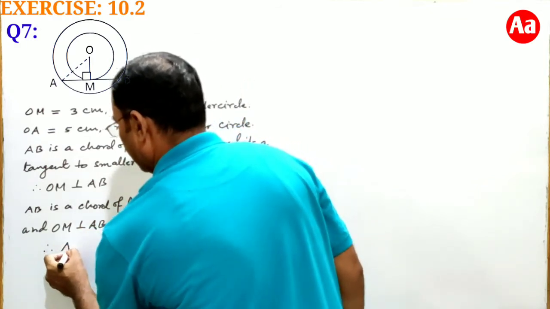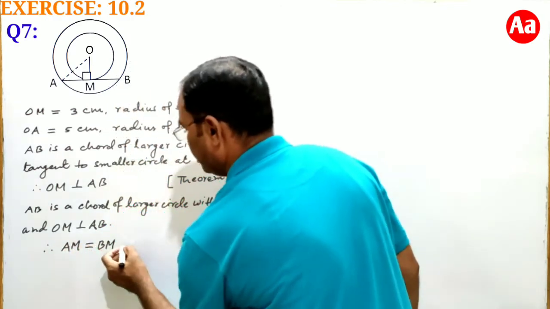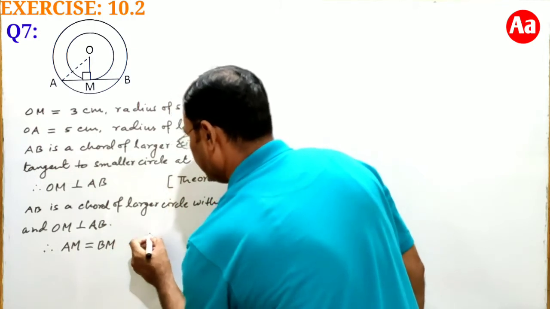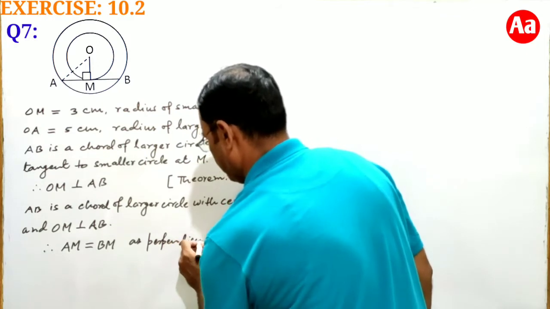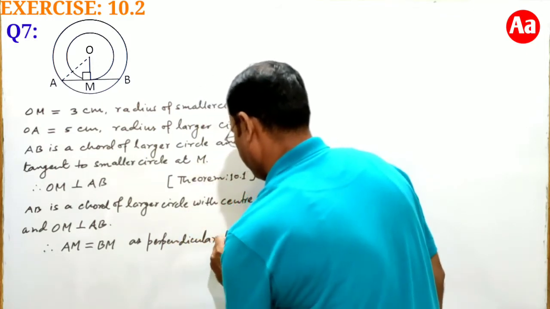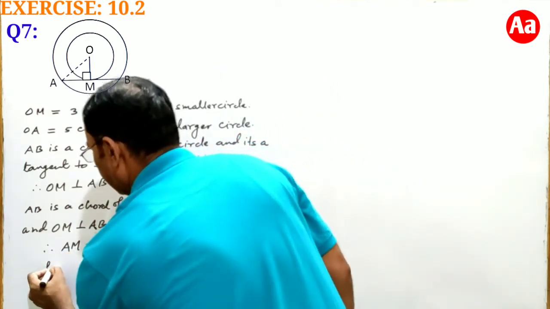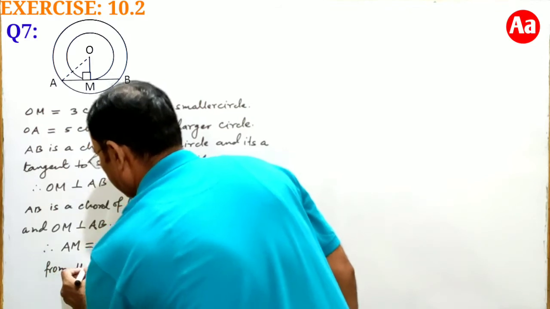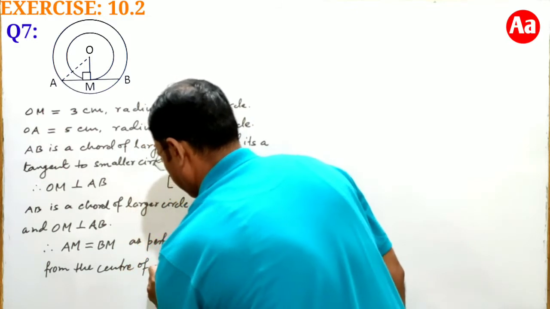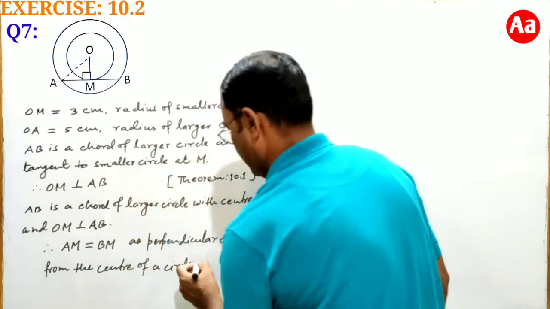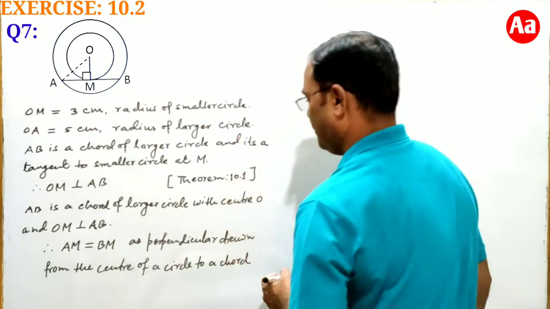Therefore, AM is equal to BM, as a perpendicular drawn from the center of a circle to a chord bisects the chord.